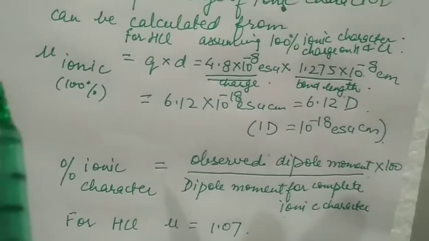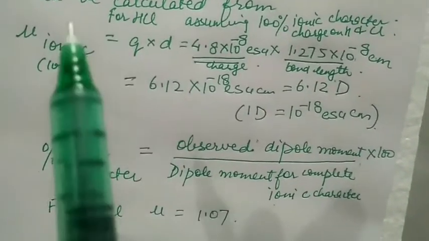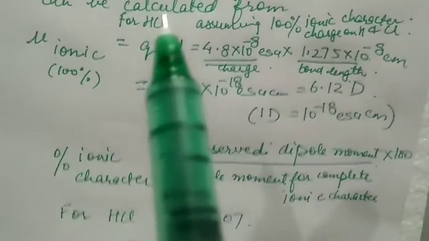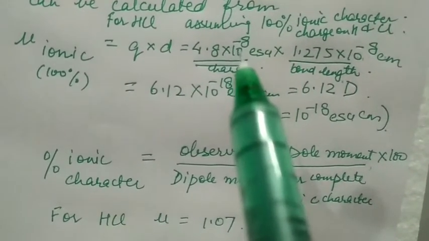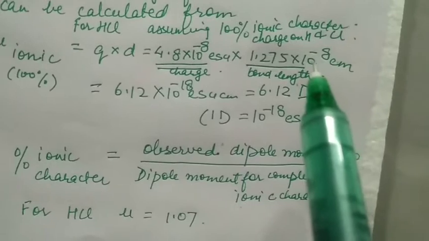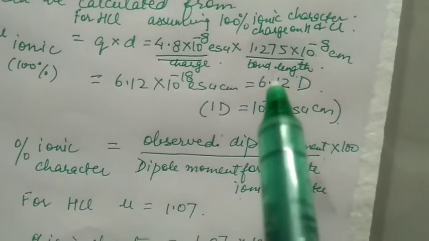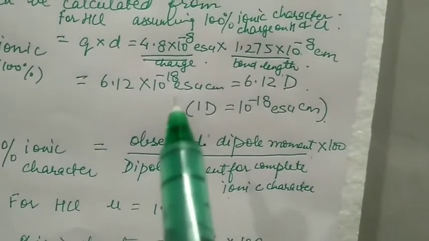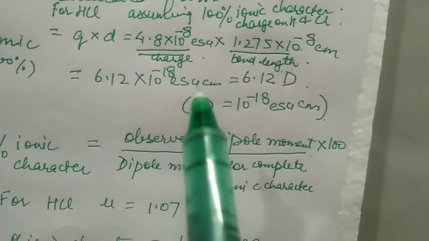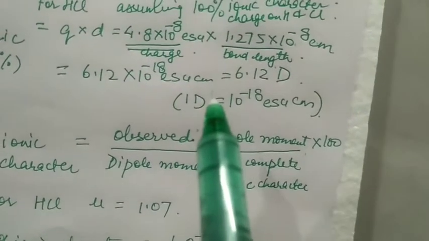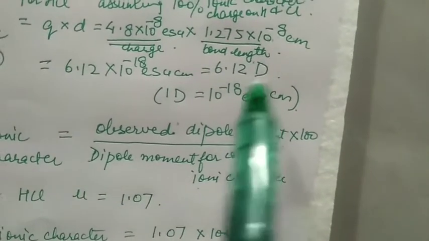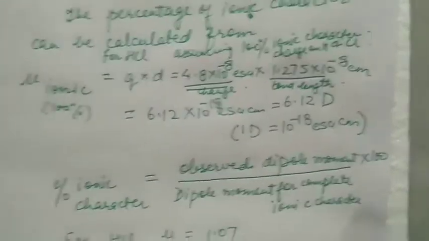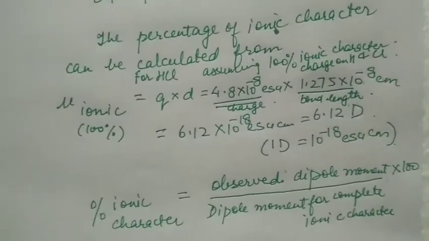So we can calculate dipole moment for 100% ionic character in HCl, which will be 4.8 × 10⁻¹⁰ into 1.275 × 10⁻⁸. This comes out to be 6.12 × 10⁻¹⁸ electrostatic unit centimeter, or 6.12 D. So this is the maximum dipole moment that it can have, provided the bond is ionic.